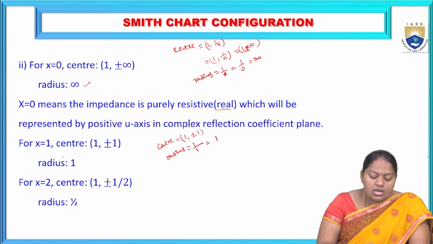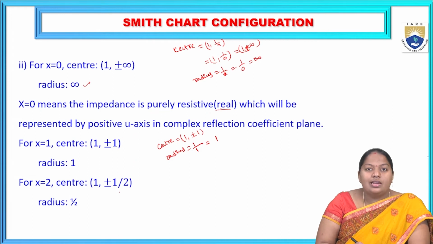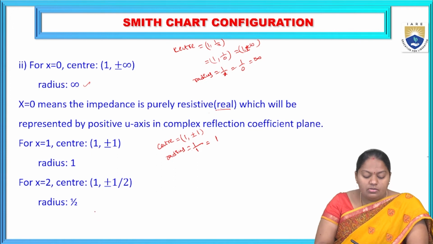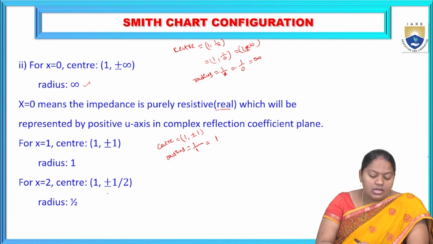So with radius 1 and centers (1, 1) and (1, minus 1), we draw the x equal to 1 constant reactance circles. Then if we increase x to 2, the center is (1, plus or minus 1 by 2), because 1 by x is the general formula, and the radius is equal to 1 by 2.